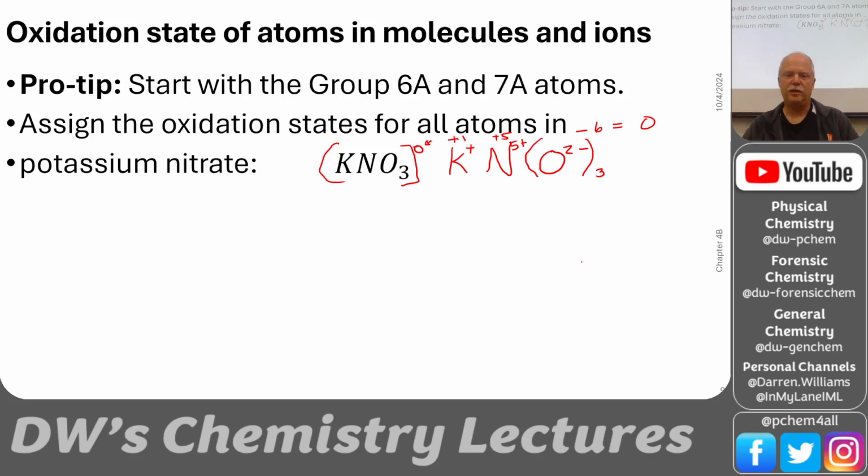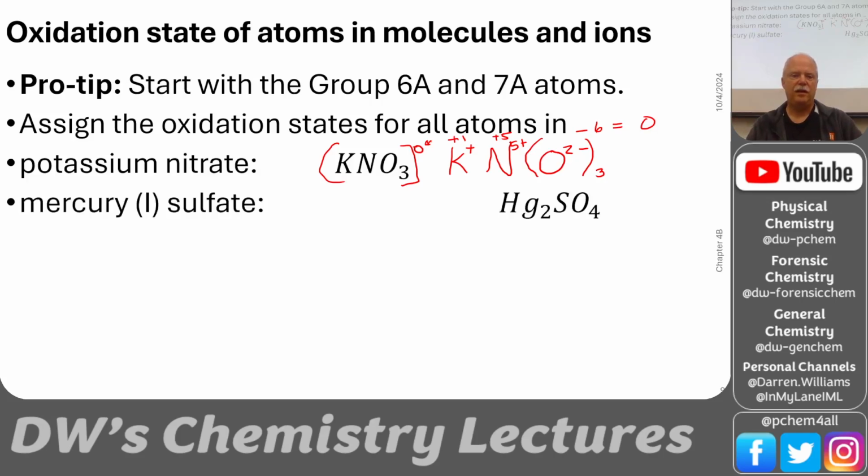Let's practice a whole bunch of these. Okay, here's mercury(I) sulfate. All right, so again, the whole thing is 0 charge. I'm going to erase this potassium stuff up above so I have some space.